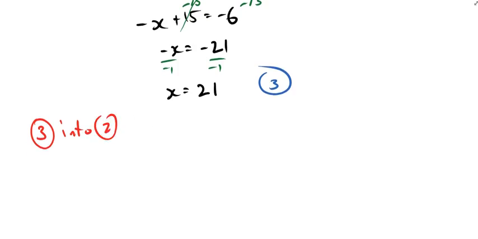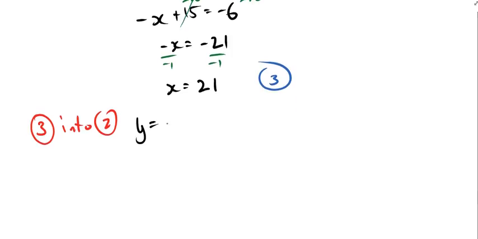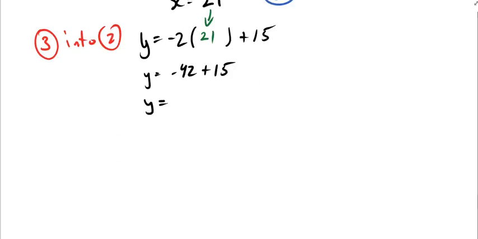So that's going to look like y equals negative 2 times x plus 15, where x is 21, right? I just subbed that in again. So that's negative 42 plus 15. And that's negative 27.